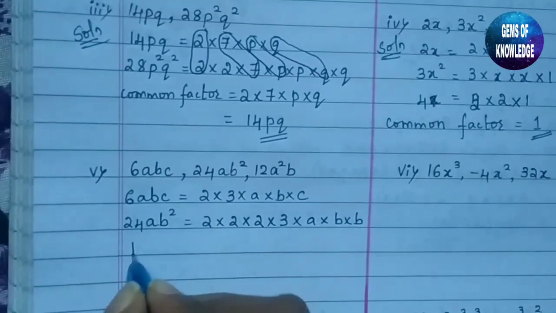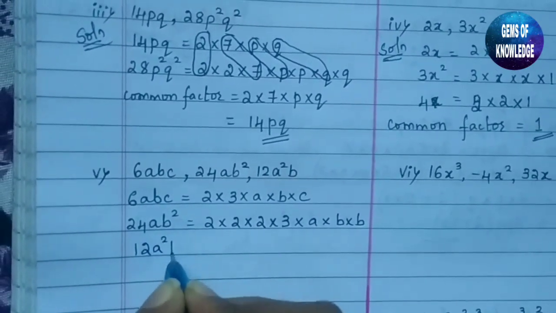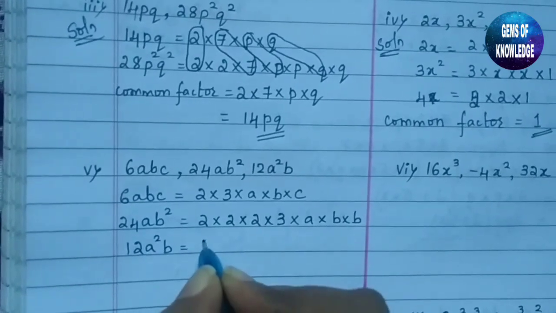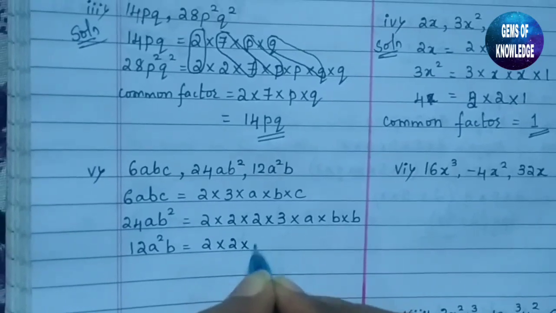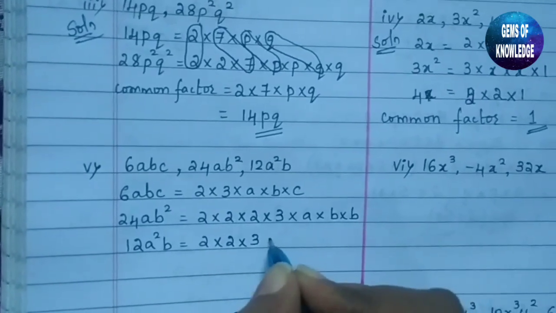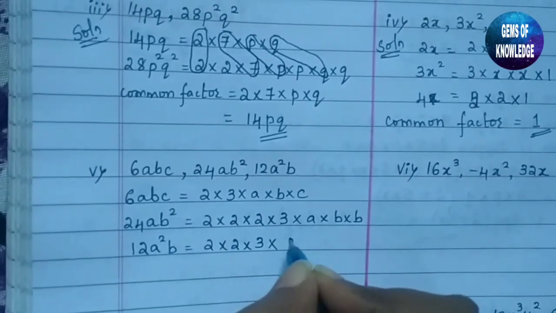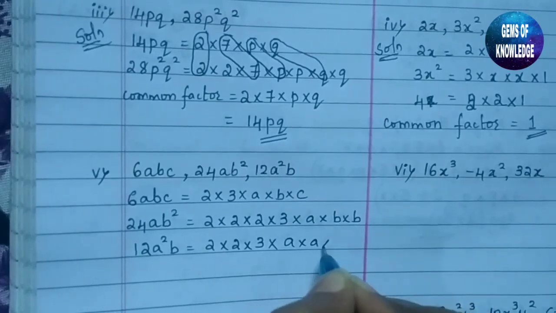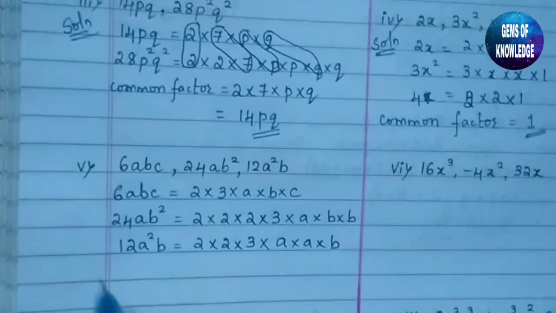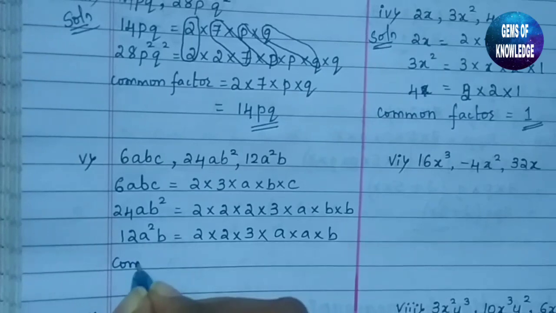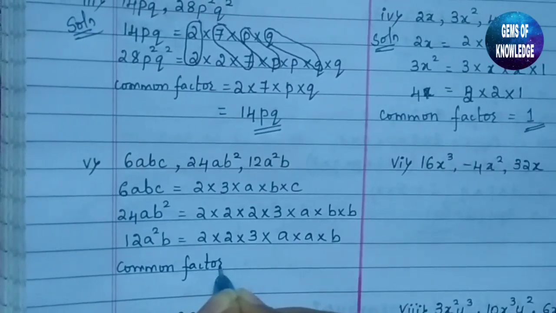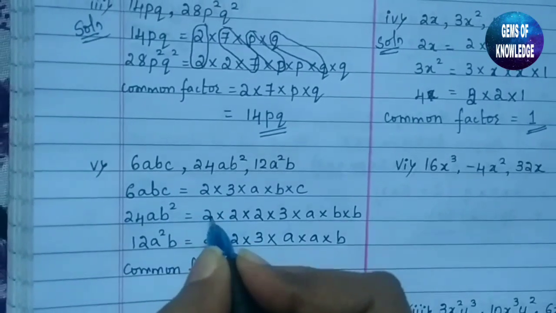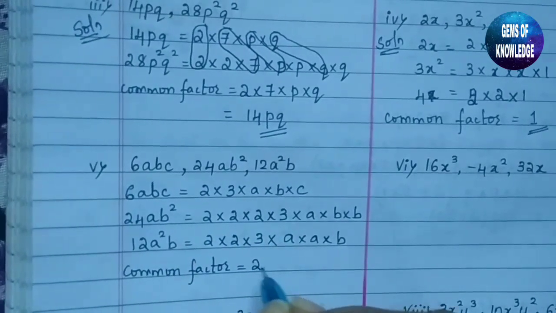Since b square is given, we will get b into b. Okay, next 12a square b is given. 12 can be written as 2 into 2, that is 2 2s are 4 and 4 3s are 12, into a into a into b, since a square is given. So what are the common factors over here? See, 2, 2 and 2. So we'll write 2 over here.